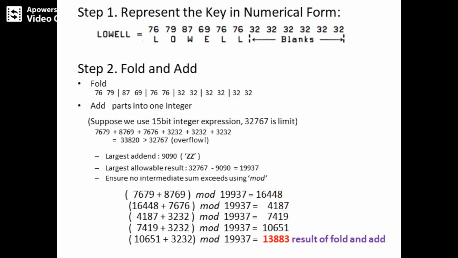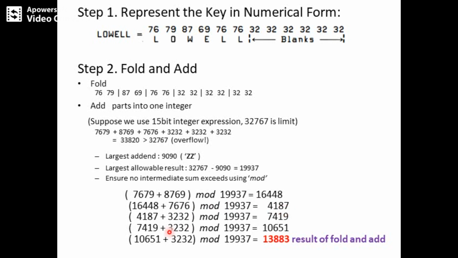In the same way, now I got 16448. For that I add the next folded character 7676, and once again find the mod. You get 4187.